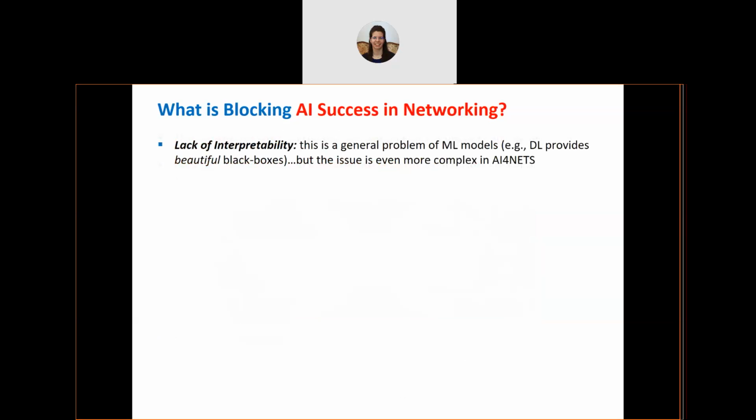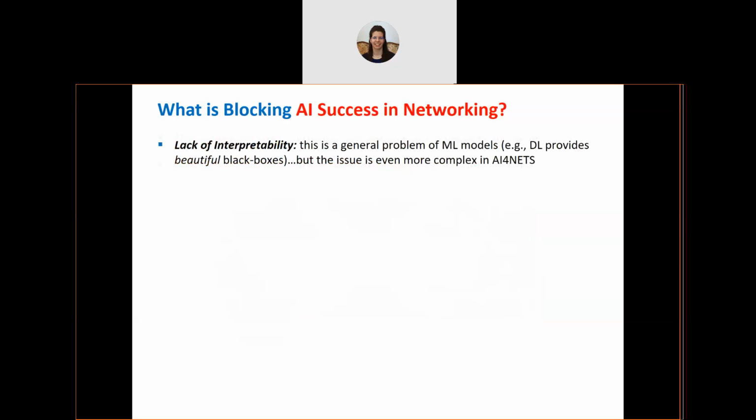At large numbers. Another interesting problem for us is the lack of interpretability. This is something that I will be talking about next. But in general, when we are talking about machine learning, and especially about more complex models, these complex models are black boxes.